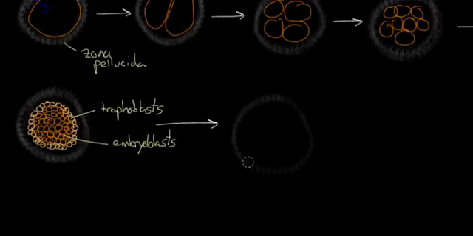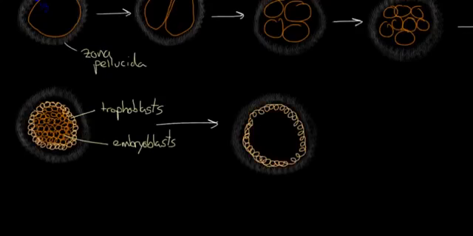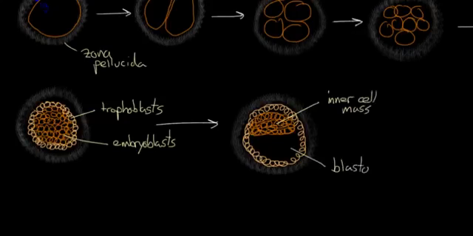Again, we'll draw our zona pellucida here, and we'll draw all of our trophoblasts along the outside here. Another interesting thing is happening to those cells in the middle. They're starting to clump even more. In fact, they clump so much that they all cluster at one end, leaving a little cavity on the other end. So here you can see your trophoblasts and your embryoblasts, this mass of cells in the middle. Some people actually call that the inner cell mass, and it's left you with this cavity, and that cavity is called a blastocele.